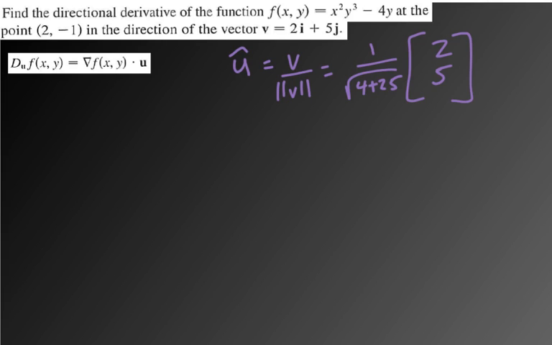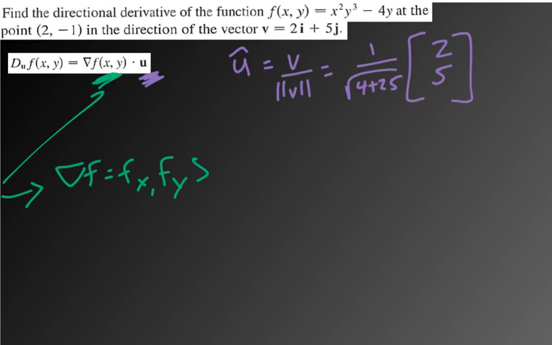The other part of this that we're going to need is this gradient. So that's my unit vector part, and then my gradient part. The gradient is a vector. Gradient of f is basically a vector of all the partial derivatives. So I've got to go ahead and take my partial derivatives.